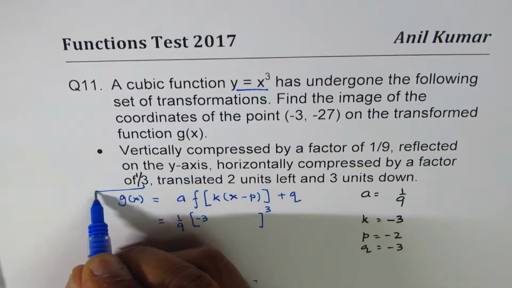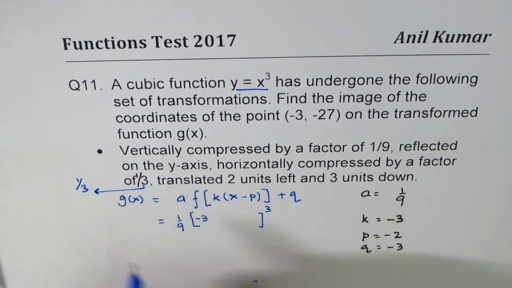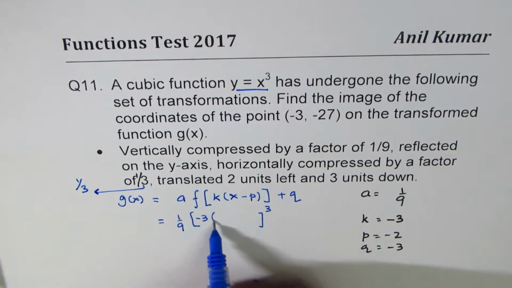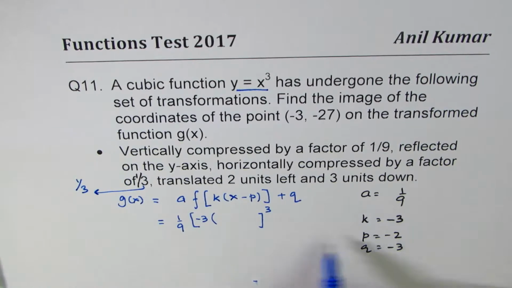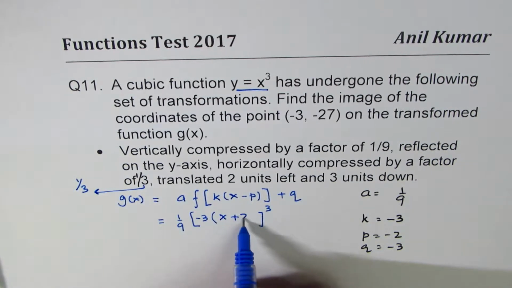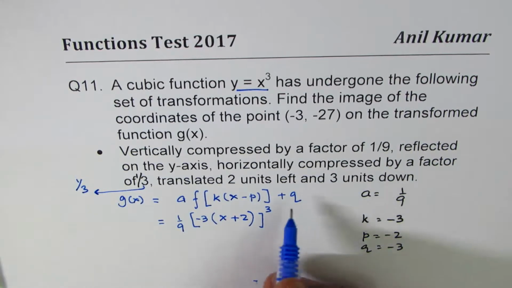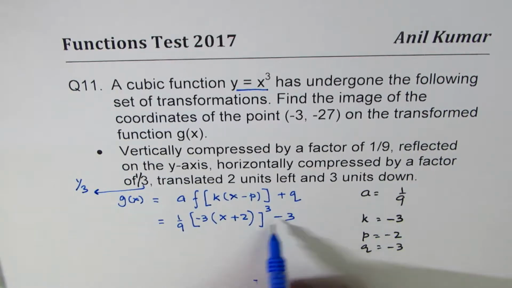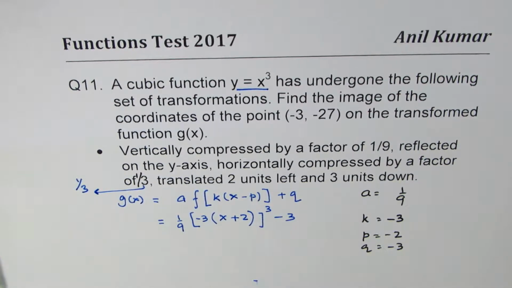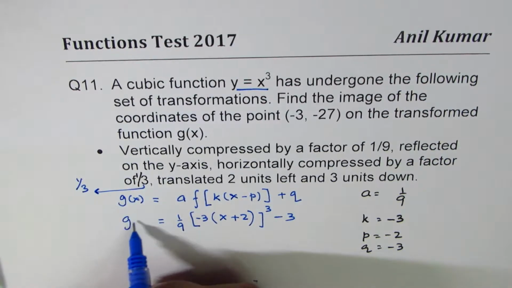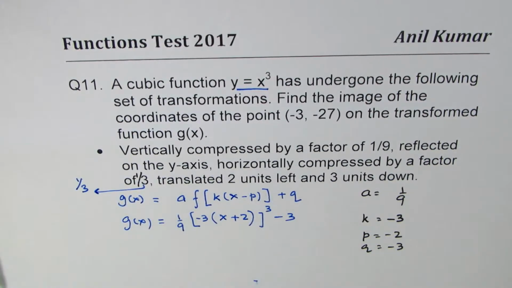So let me just change this, I'll write 1 over 3. And p is minus 2, so it becomes x plus 2 whole cube. It's a cubic function. And 3 units down means minus 3. So that becomes the transformed function g of x as per the transformation given to us, right?